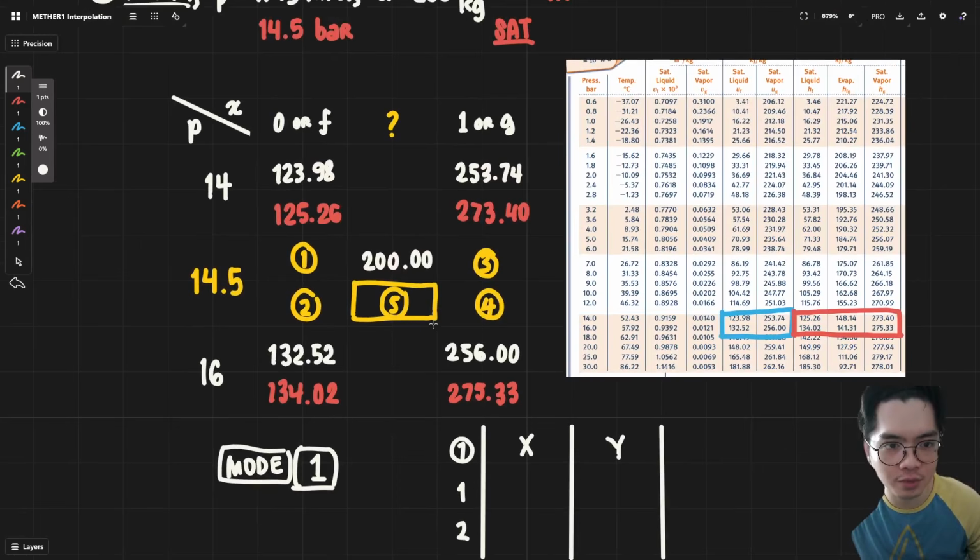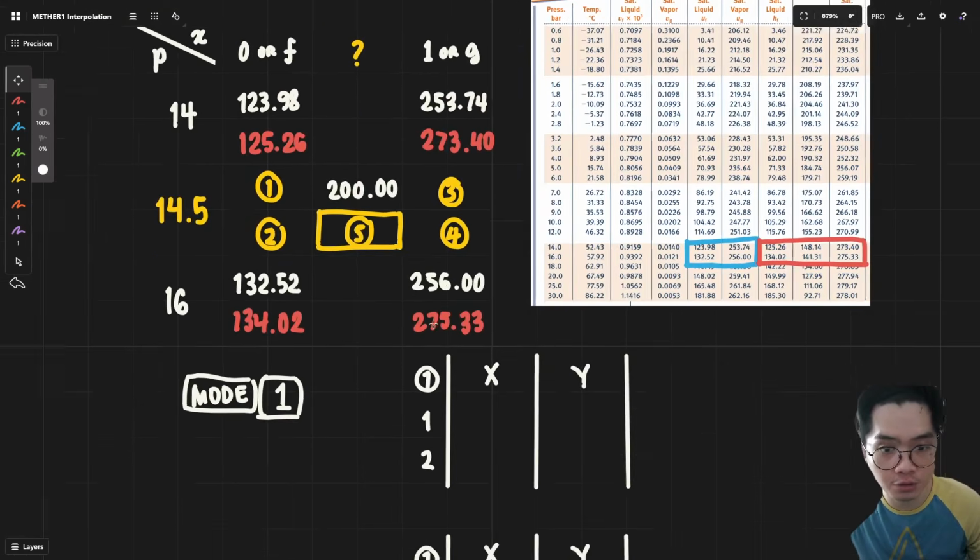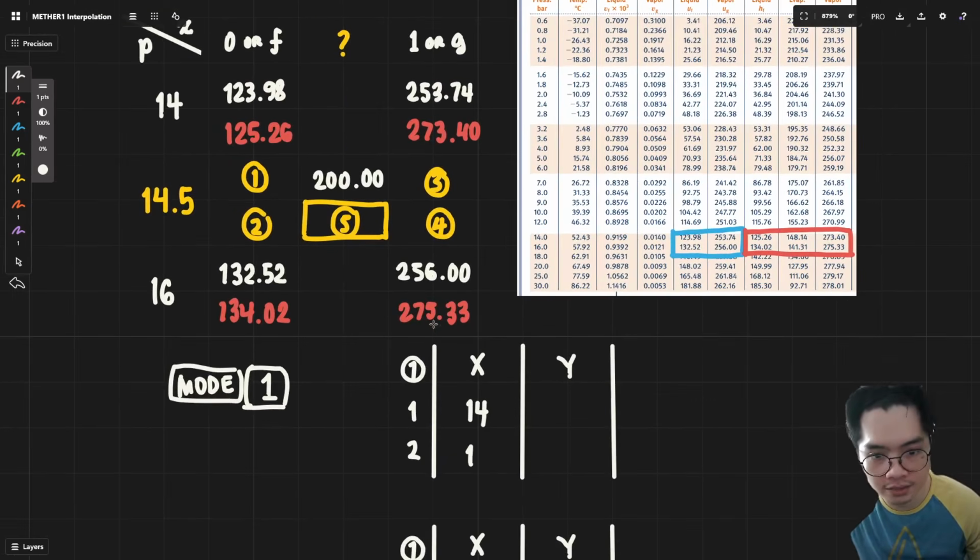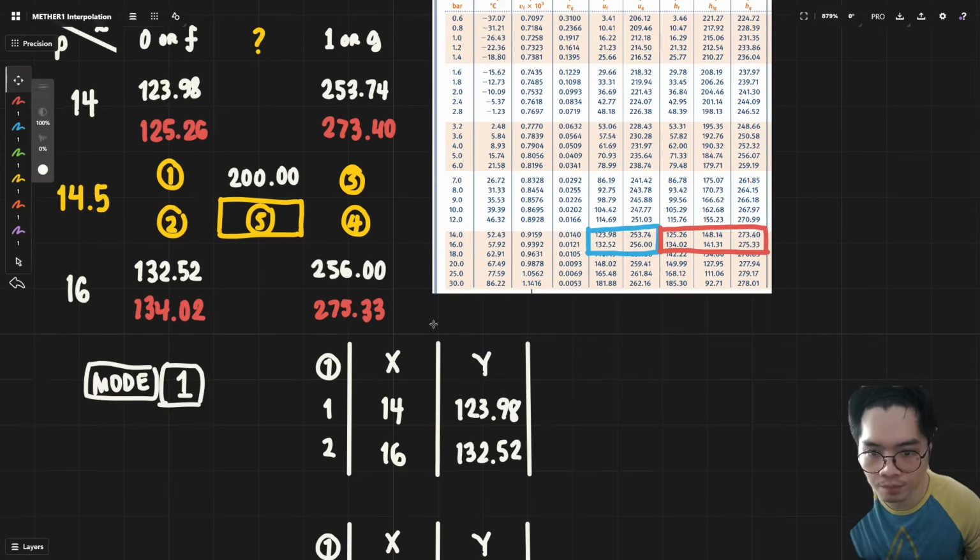Let's first start with the U values. Your U values are 14 and 16, and in this case, you want 123.98, and then you want 132.52. And so if you put in all of your values, you would ask for 14.5 y hat.